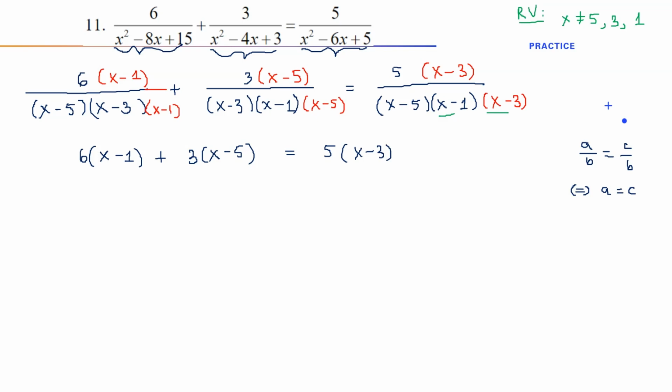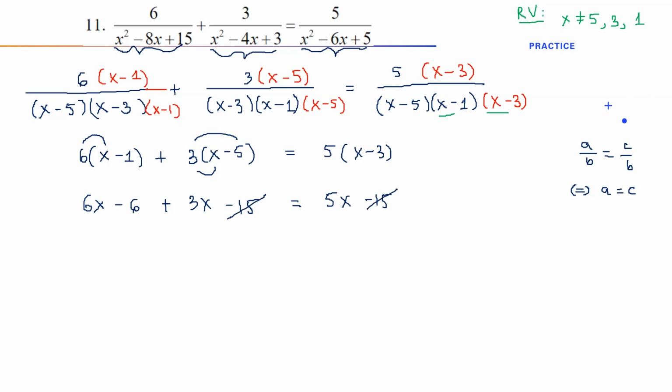We can distribute: 6 times x is 6x, 6 times -1 is -6. Add 3x minus 15 equal 5x minus 15. So we're adding 15 both sides, right?